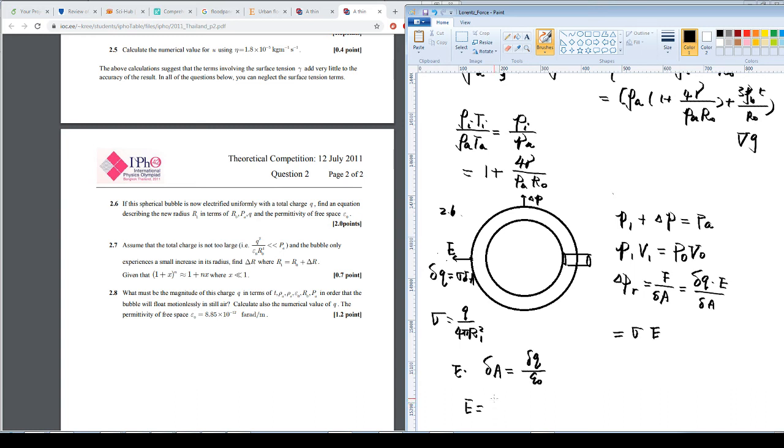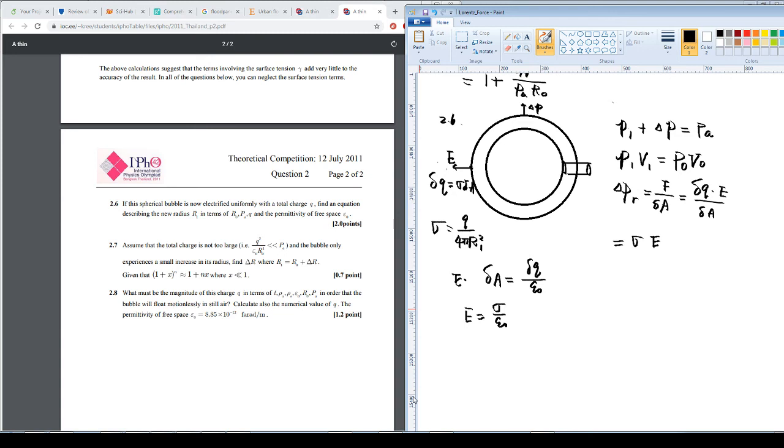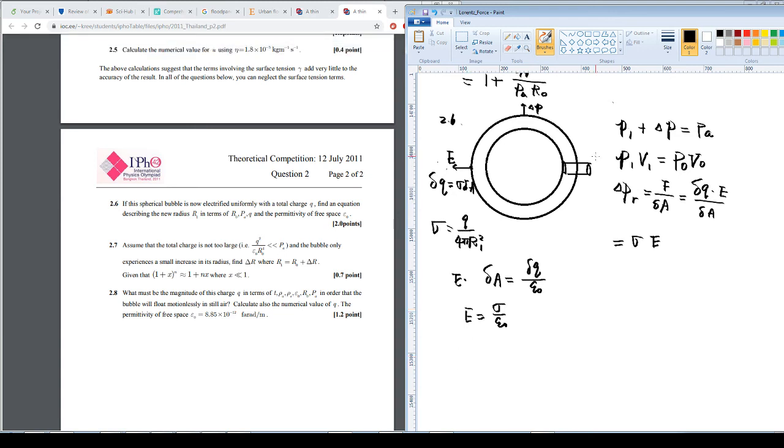By the way, this is a common tricky part about this calculation, okay? You see this E, if you think about it carefully, I'm going to imagine they're all positive charge, okay?